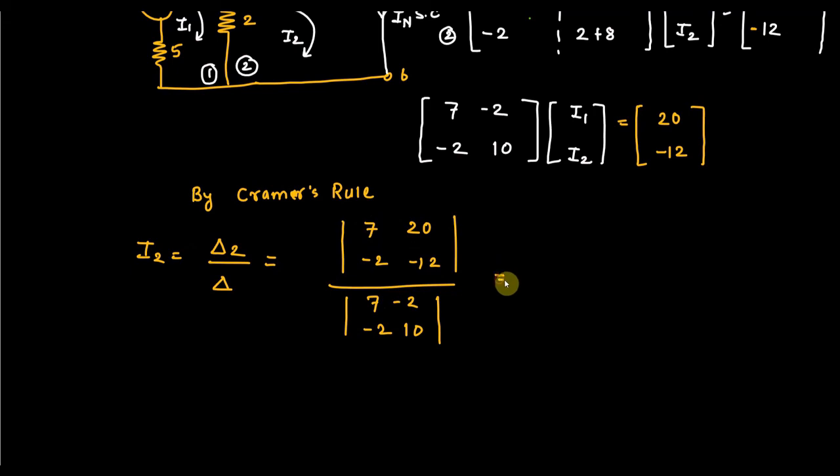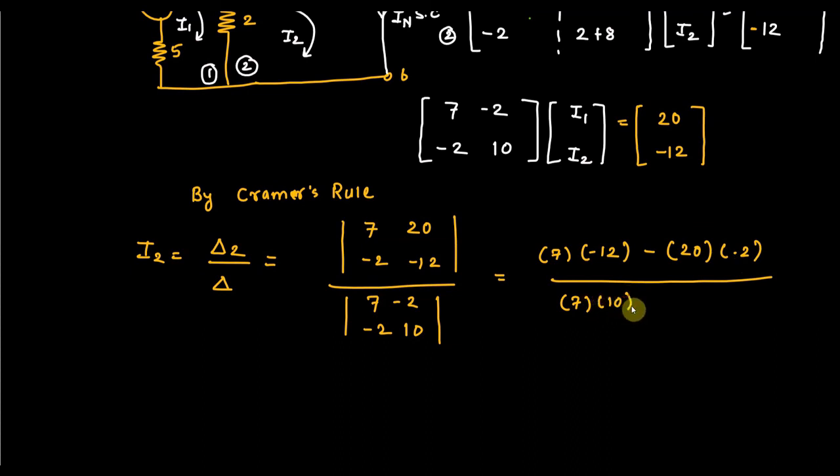Now solve this. When you solve, it is 7 into minus 12, minus of 20 into minus 2, divided by 7 into 10 minus minus 2 into minus 2, right? Now get this value of I2.